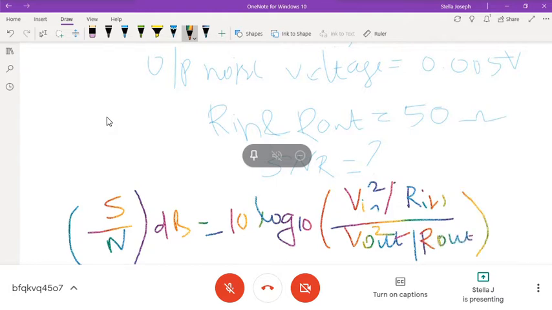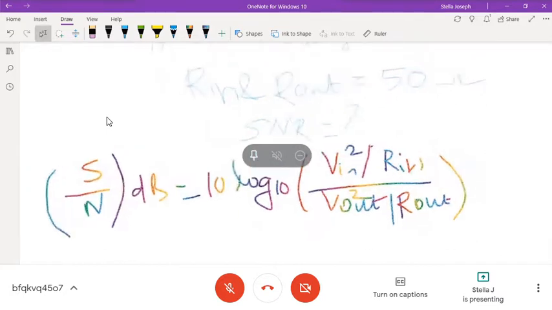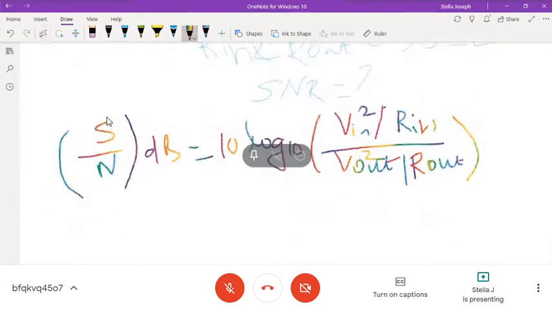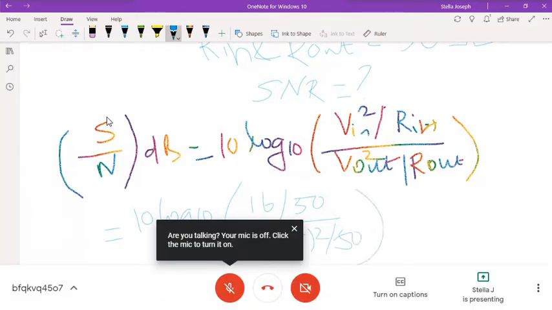So calculate and tell me the value. 10 log 10 of 16 upon 50, divided by 0.005 square divided by 50.